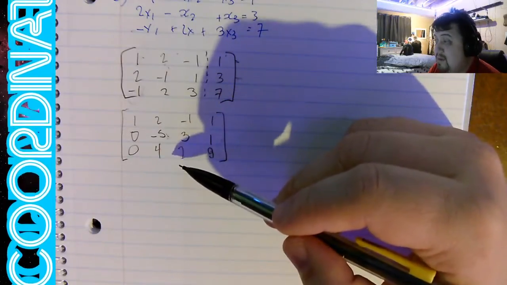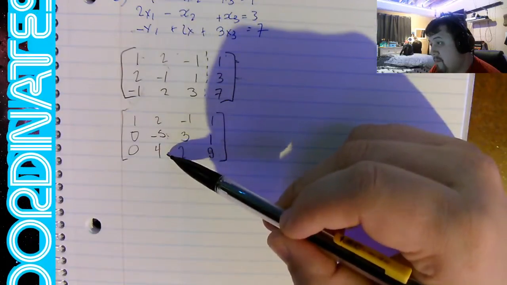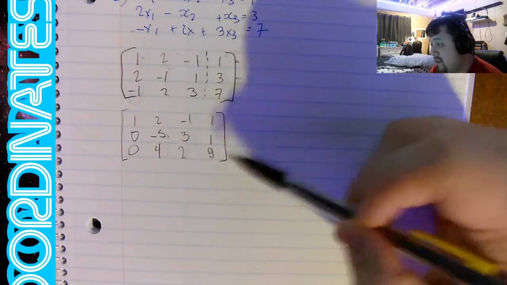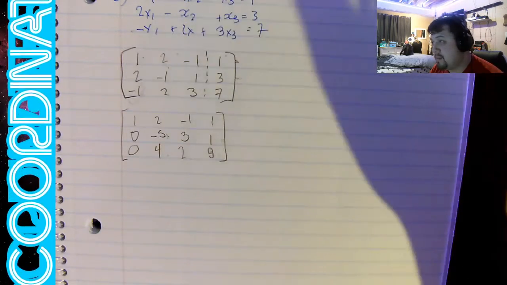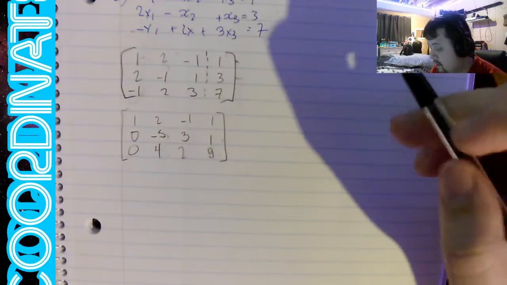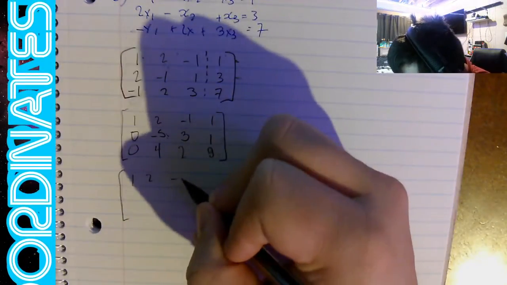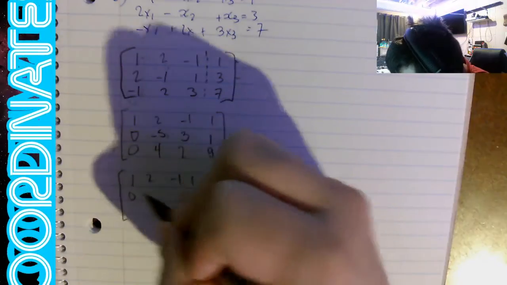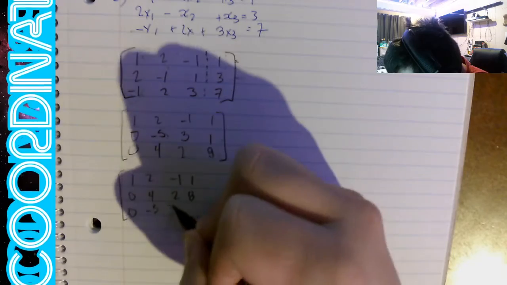I'm going to have to do that no matter what, or I could divide by 4. And dividing by 4 is a lot easier, but before you do that, you actually have to switch rows. I know you don't know the math behind it, but you're allowed to switch rows. I'm not going to go through the reasoning, because, yeah, lazy, but you're allowed to switch rows.